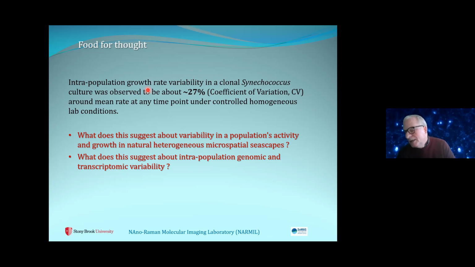And that's under homogeneous, controlled laboratory conditions. So what does that suggest about the variability in a population's activity and growth in a natural, heterogeneous, microspatial seascape? I would predict that that variation would be much, much greater. And what does that suggest about interpopulation genomic and transcriptomic variability? We also imagine that that could be very, very high. And again, bulk techniques that we use are blind to such variations.